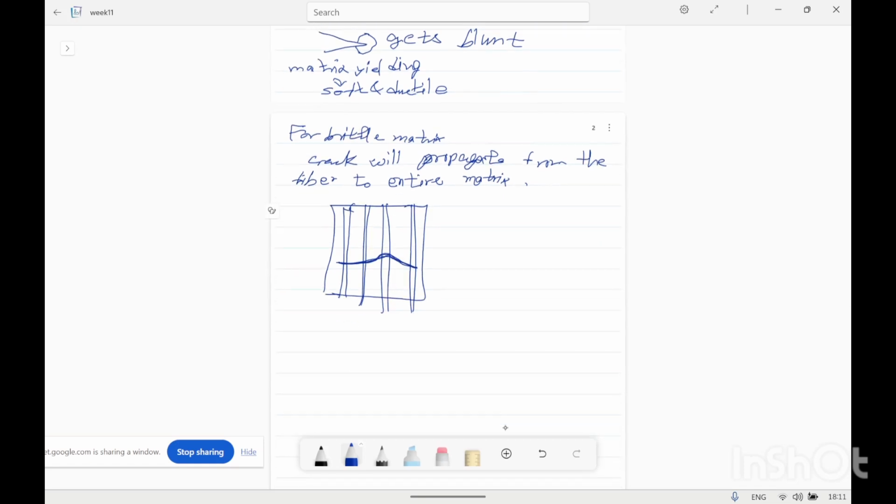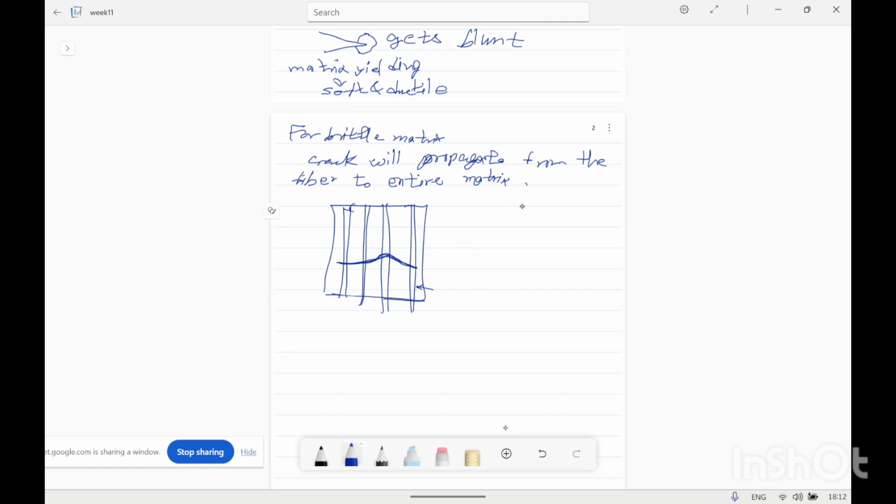So how to relax the stress in this condition when the matrix is brittle? If the bonding at the interface of matrix and fiber can be decreased, means if the bonding strength between the matrix and fiber can be decreased by some region, then the stress can be relaxed.